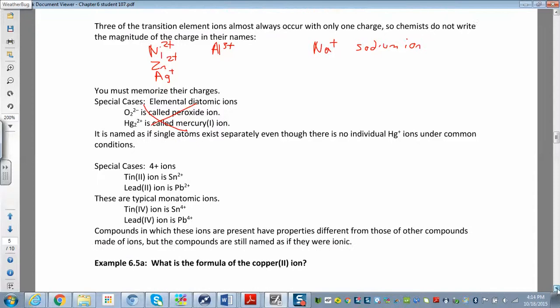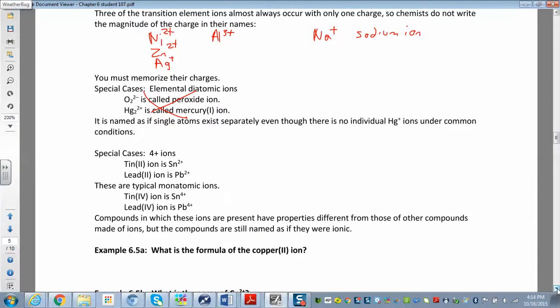But things like tin(II) or these special cases. So tin could be tin +2, lead +2, and here you have tin +4 and lead +4. So you want to distinguish those ions from each other.